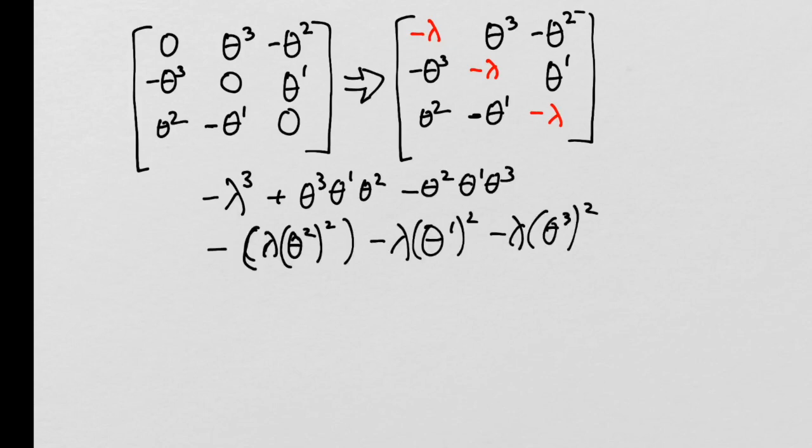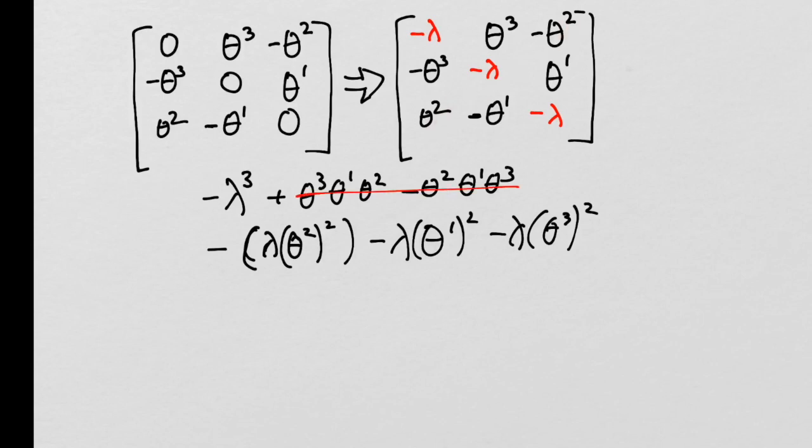So let's see, we end up with this characteristic equation, right? We have minus lambda cubed, and then these guys are all positive. These guys are 3 negatives, so you get the negative. So those cancel, just like before. I don't see why it would be any different.